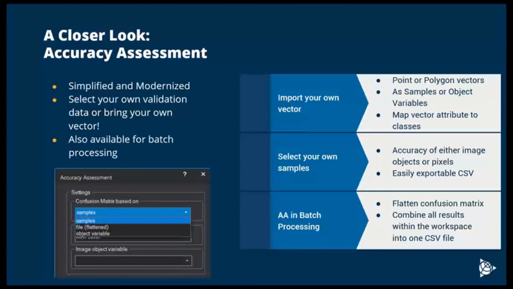But of course, this option is still there for those who are already used to this workflow. You can still use samples and match that against your classification, and the program will still generate a confusion matrix for you and get all the good statistics that you like.